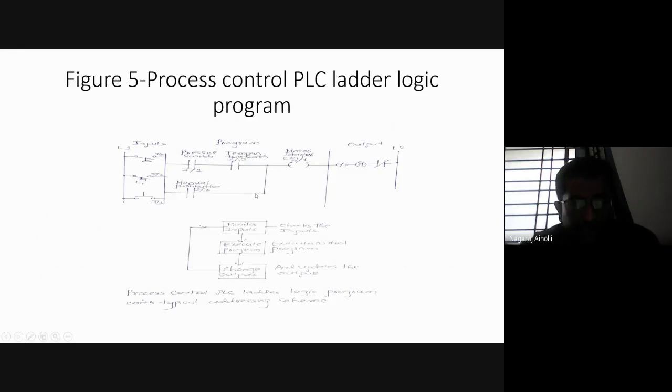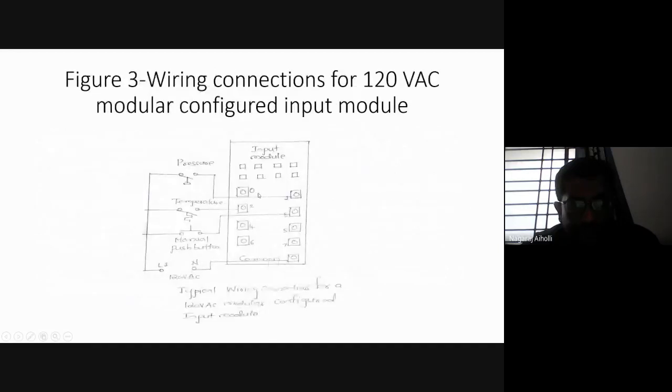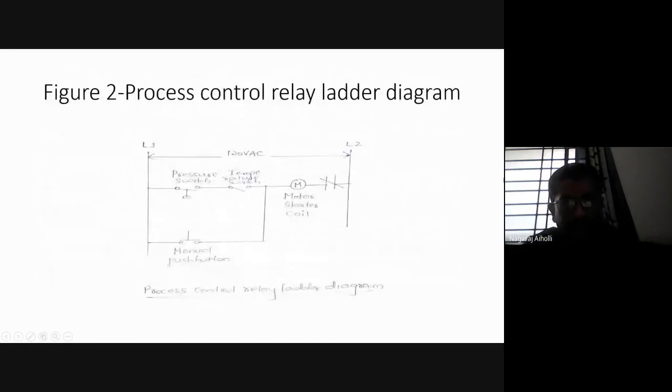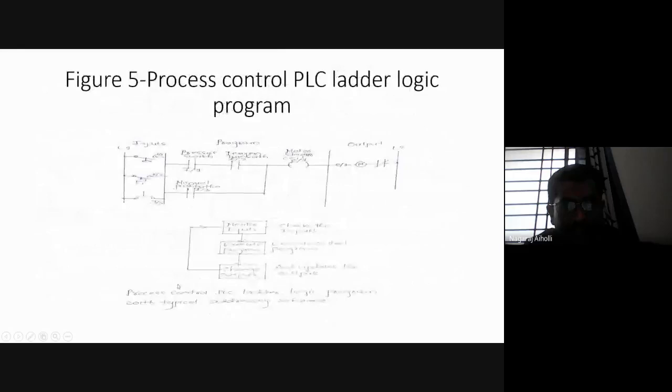If we see here, this is our relay ladder diagram, is it not? Here we are representing the components manually by switches, pressure switch, temperature switch, correct? But in the PLC ladder diagram, we are drawing the input section, we are drawing the output section, and in between we are showing the program or the instructions.